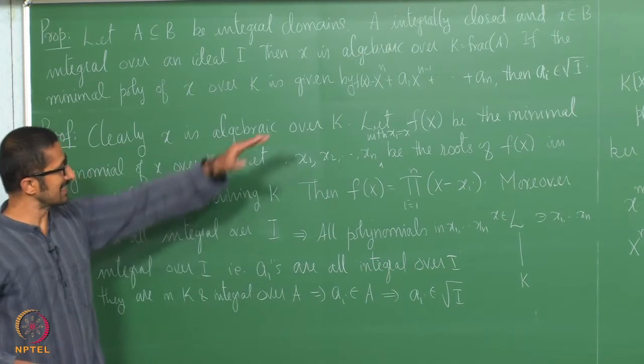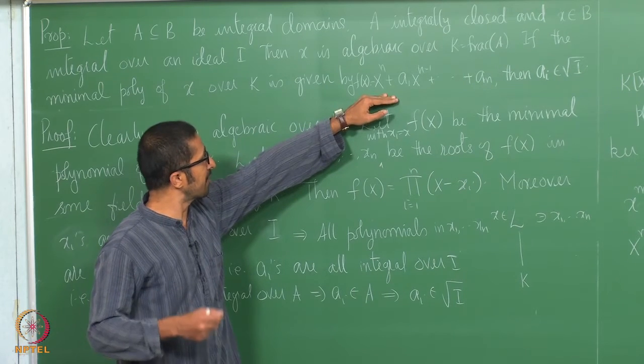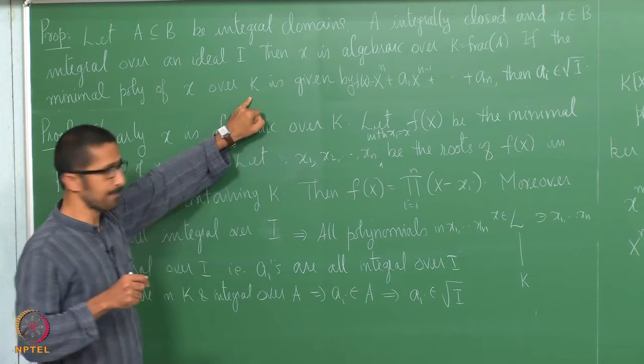Now, where are these ai's? This is the minimal polynomial of x over k.